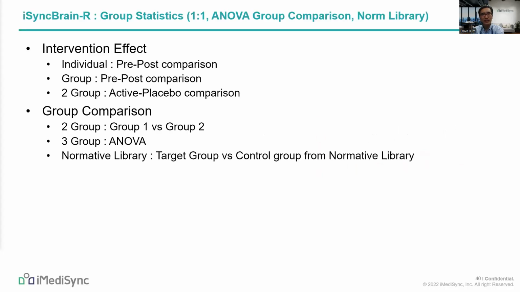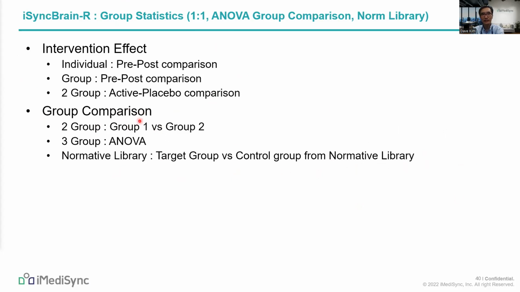Basically, iSyncBrain-R group statistics divide as the intervention effect and group comparison. In the intervention effect, we can choose individual pre-post, group pre-post for specific intervention, and active group pre-post comparison with placebo intervention group.